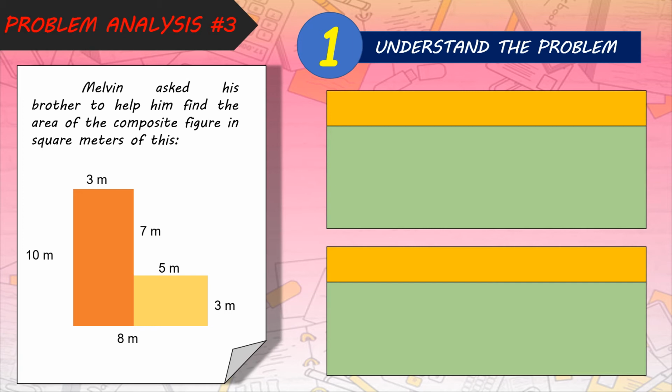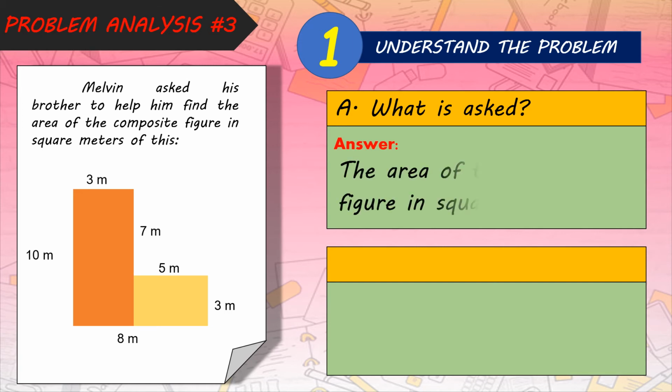First, understand the problem. In understanding the problem, we ask questions. In this first question, what is asked in this problem? Correct. This problem asks for the area of the composite figure in square meters.